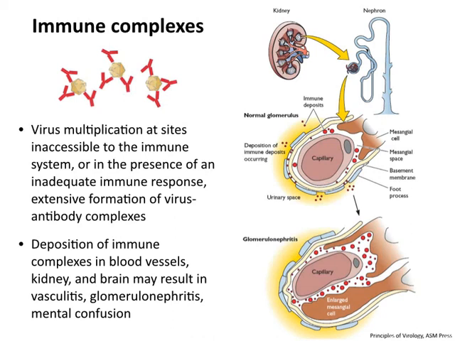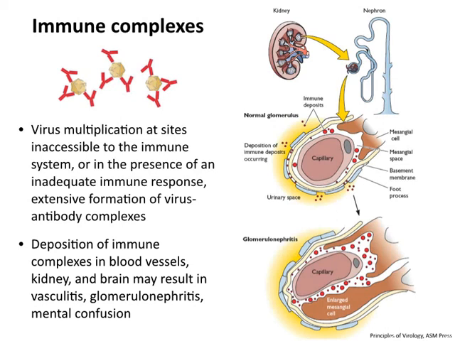You may remember last time I talked about how complement is meant in part to dissolve these antibody-antigen complexes so they don't make deposits. Well, this happens anyway, and they will deposit in various places. In particular, the kidney and the brain have very small capillaries, and these can get stuck there.